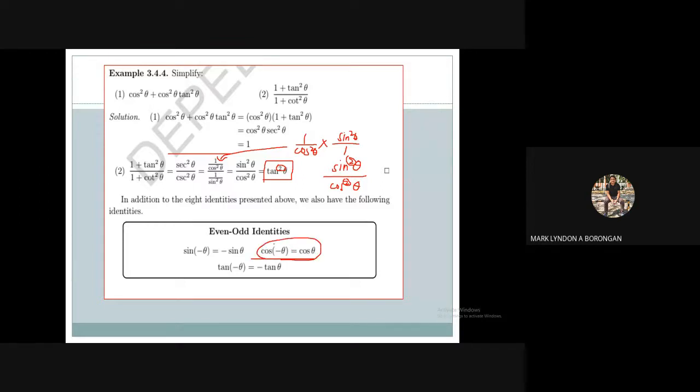That is the even-odd identity. And then lastly, tangent of negative theta is just equal to negative tangent of theta. So the one that is different here is the cosine. Even if its theta is negative, the cosine is just copied.